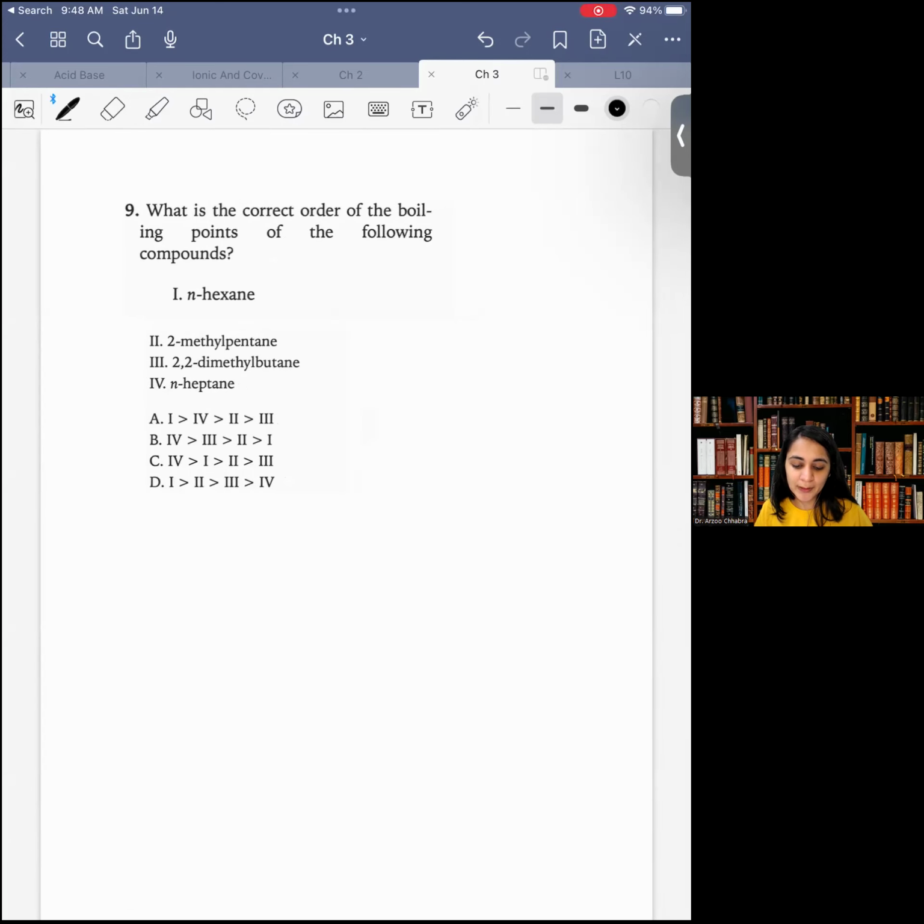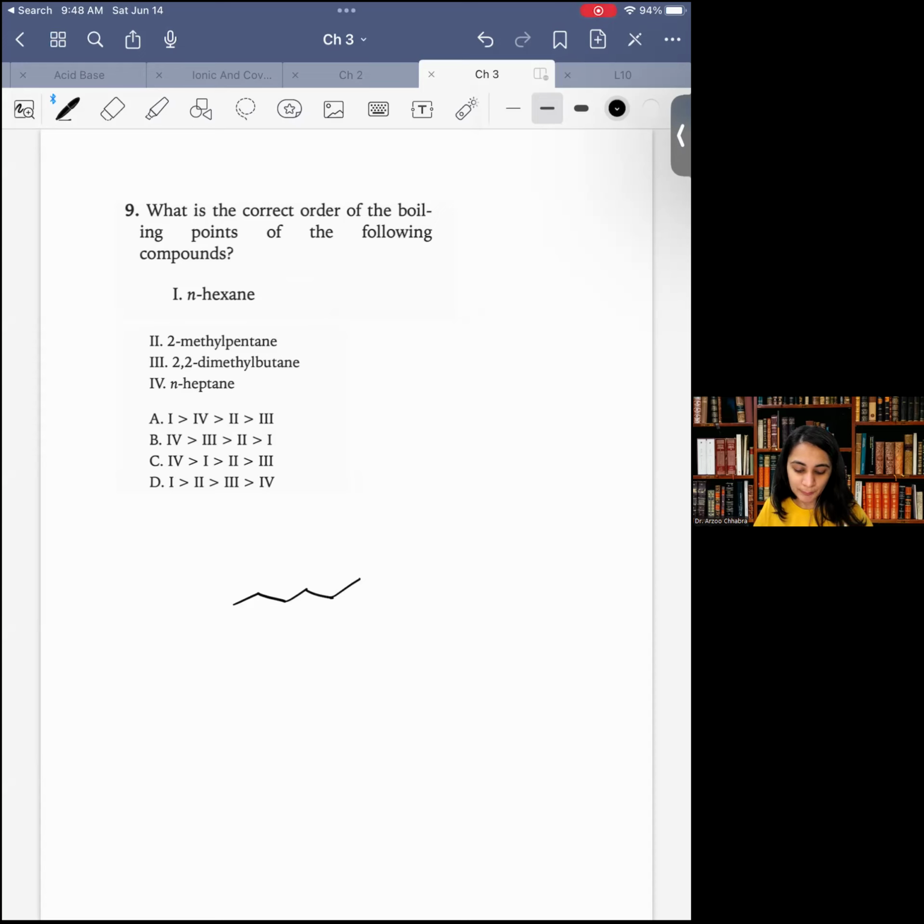So what is the correct boiling point order of the following compounds? If you really think about it, hexane is 1, 2, 3, 4, 5, 6. And the last option is heptane, right? We do know that the longer the carbon chain, the higher the boiling point, rule number 1.